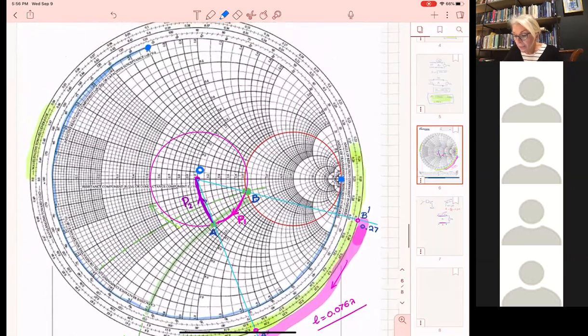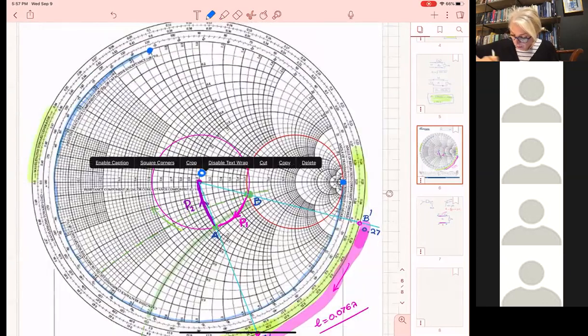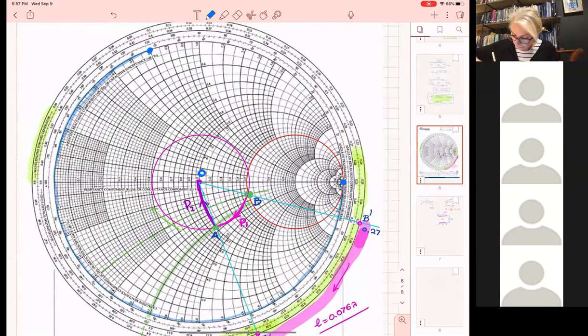And that length, if I want to measure it, again, I will have to connect O to the load, which is here of the stub, and then O to the end of the stub, which is here. So I have already connected O to the beginning of the stub. There is a line there. Now I have to connect O to the other end, and I will do this. Okay, it goes there.